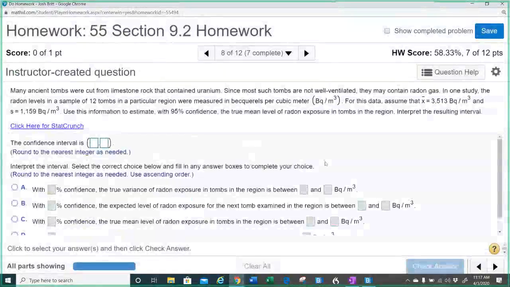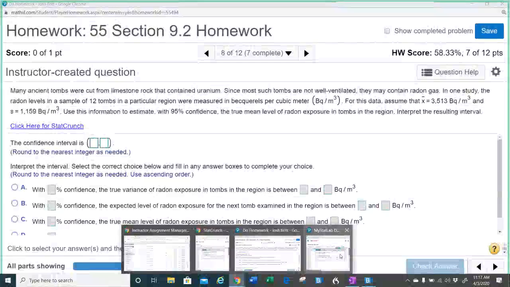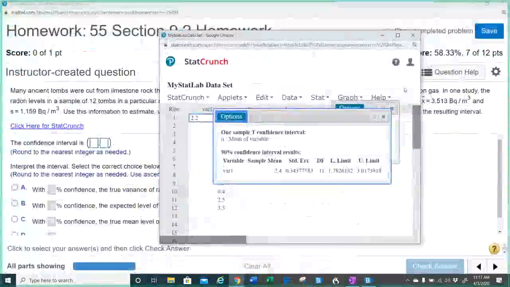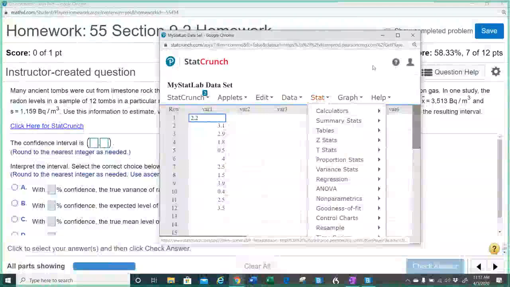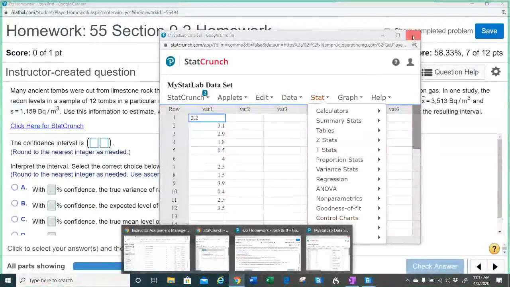Okay, another confidence interval. This time the amount of radon gas in a home that's not well ventilated. So we got sample mean here, standard deviation here, and sample size of 12. So let's go over, plug in the data. Let's see, did we have another one open here? Yeah, let's go back to using that one.